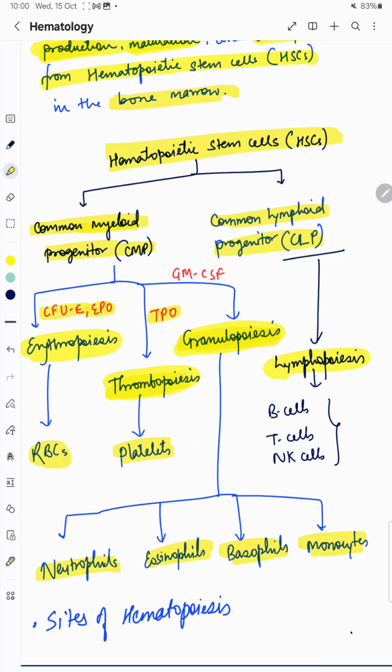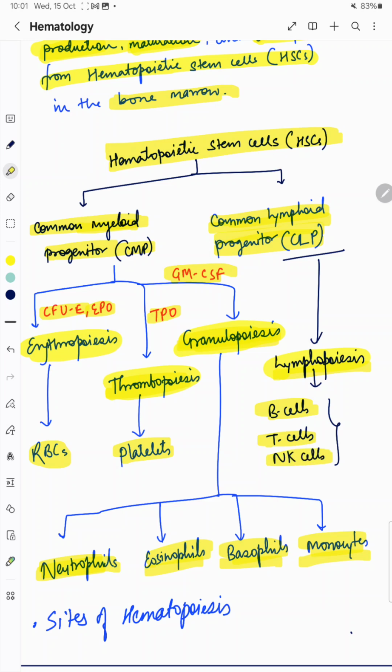Thrombopoietin stimulates thrombopoiesis, and GM-CSF colony stimulating factors stimulate granulopoiesis, resulting in the development of neutrophil, eosinophil, basophil and monocytes. On the other hand, the hematopoietic stem cell converts into the common lymphoid progenitor, which is responsible for lymphopoiesis and development of various lymphocytes: B lymphocyte, T lymphocytes and natural killer cell.